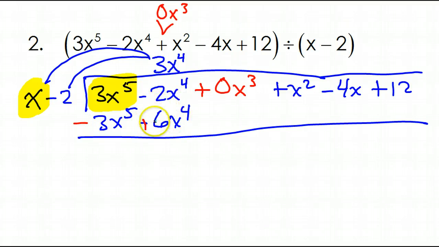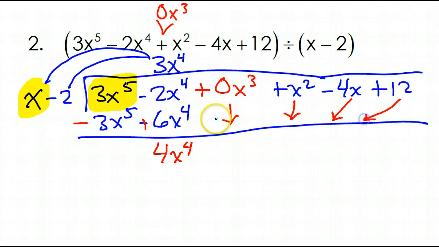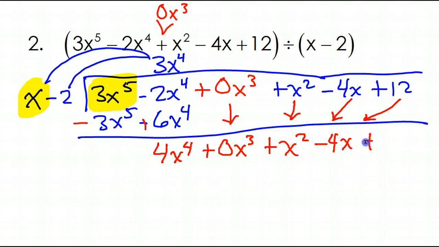So that's going to give us negative 2, positive 6, that's 4x to the 4th power. And just bring down everything else. So I'll bring down my 0x to the 3rd power, my x squared minus 4x plus 12.